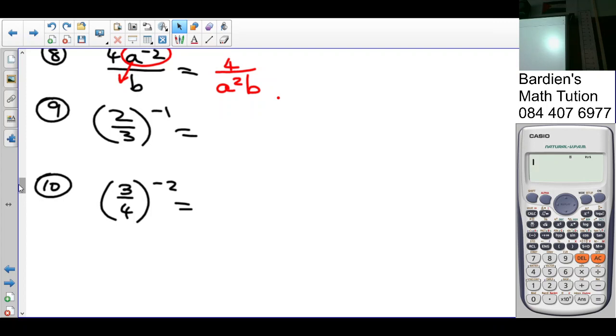Where's the answer to number 9? Yes, Michael. 3 over 2. That's correct. How do you get that? Here we go, well done. She's saying both is negative. And this is the first way, one of the two ways you can do it.